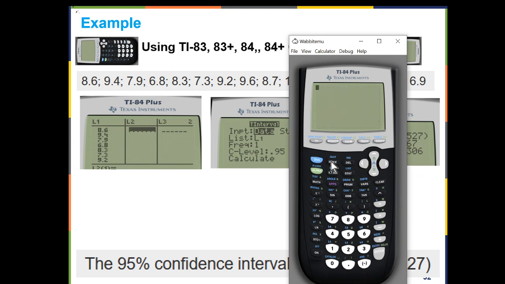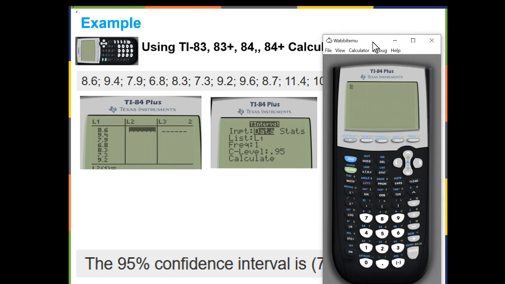Once you have the numbers in L1, then all you have to do is go to Stat, Tests, and under Tests, we want to find T interval, that one right there.